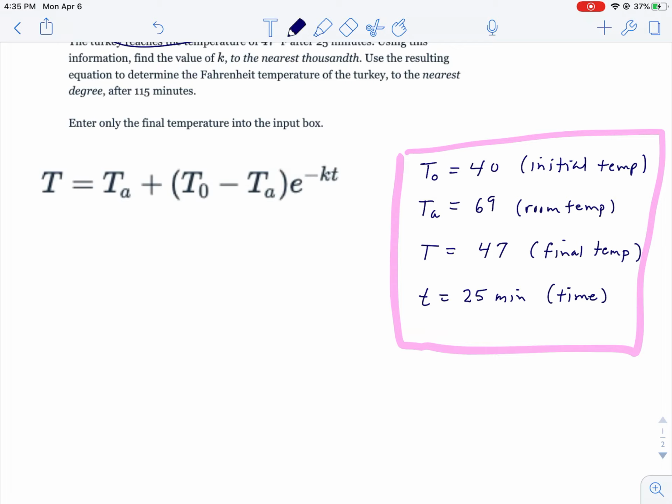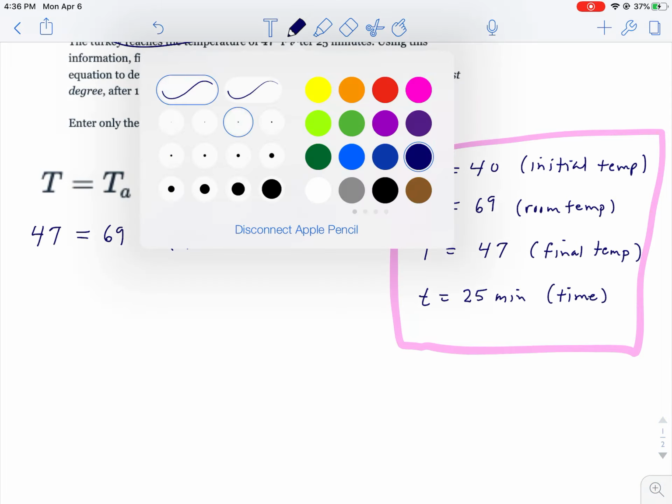So the deal here is we want to plug all this stuff in, right? We've got 40 here. T sub A appears twice in the problem, 69 here and 69 here. K is my variable. Little t is 25, so I'll write the t first, and then the k, and then capital T is the final temperature, which was 47 degrees. And really, we just have a lot of algebra to do here, right?